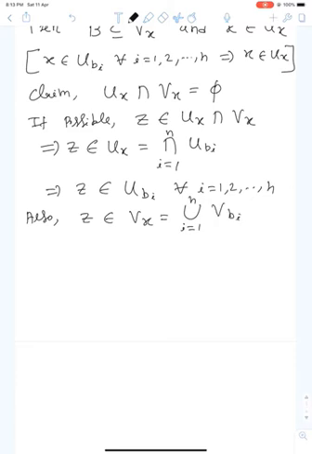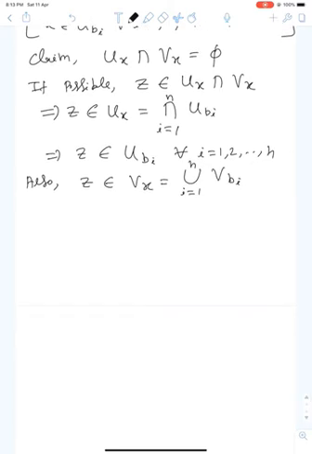of V_Bi, right? Now that implies there exists j that belongs to the set 1 up to n such that z belongs to V_Bj, right?